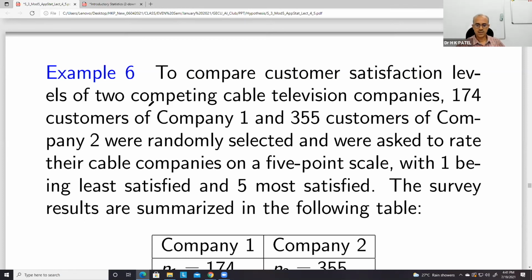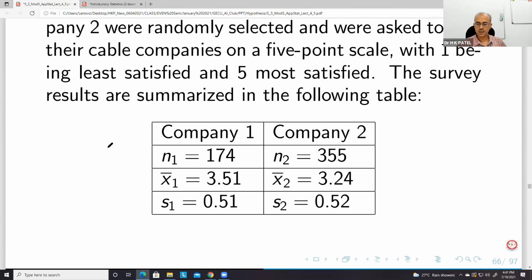The survey results are summarized in the following table. The mean values are 3.51 and 3.24, and the standard deviations are 0.51 and 0.5.